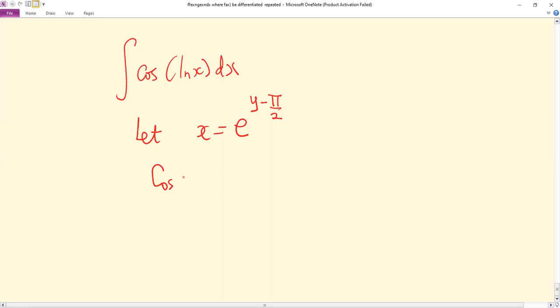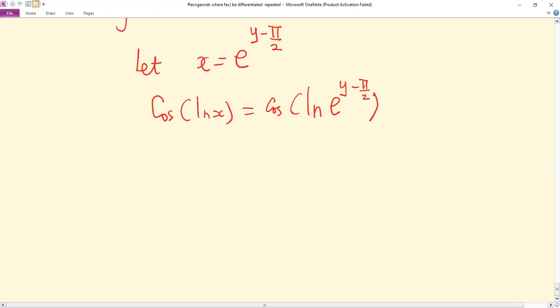cosine of ln of x will be the same as cosine of ln of e raised power y minus pi over 2. And then you see laws of logarithms, ln of x raised power m is the same as m ln of x.